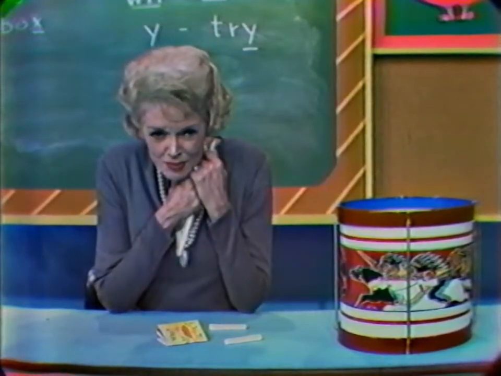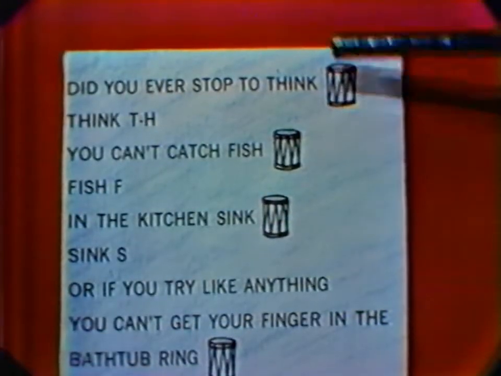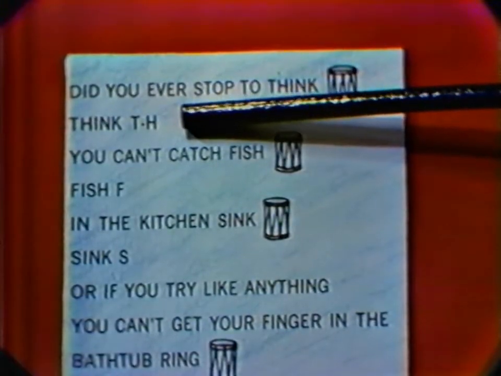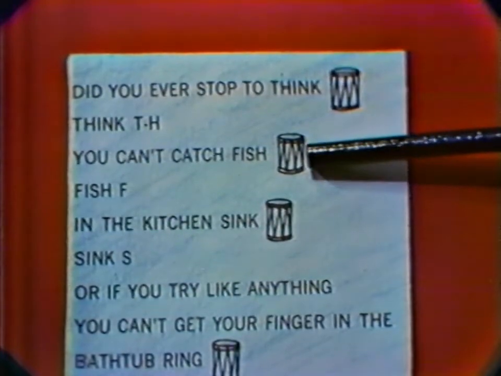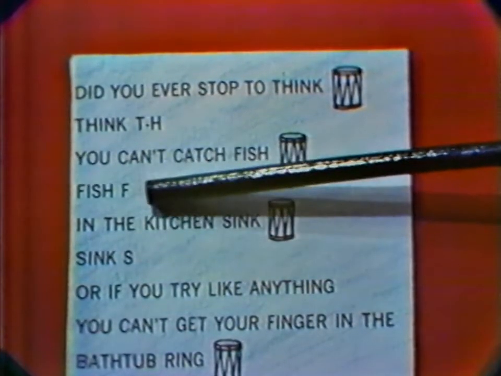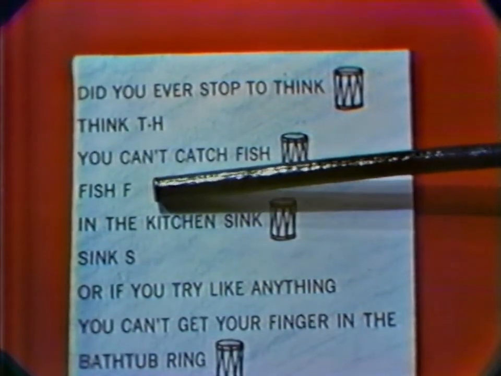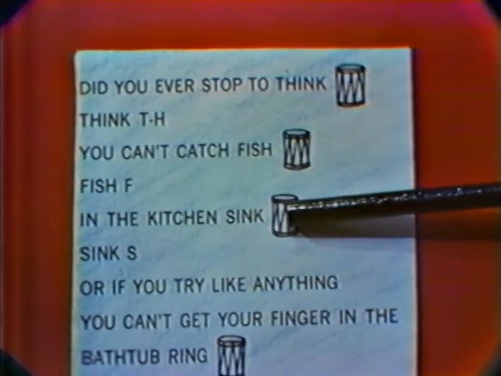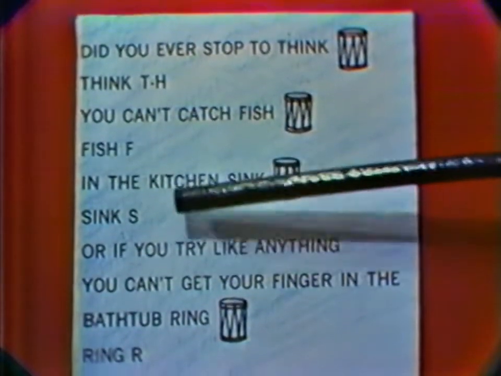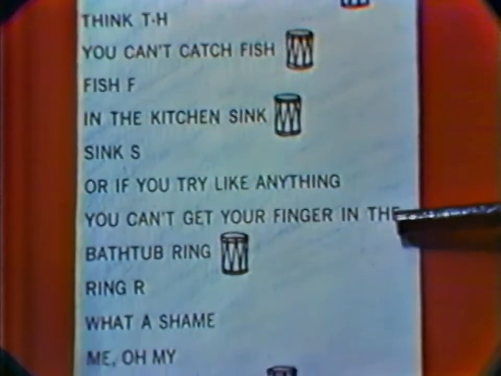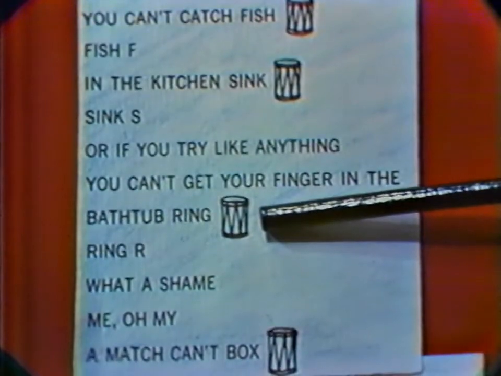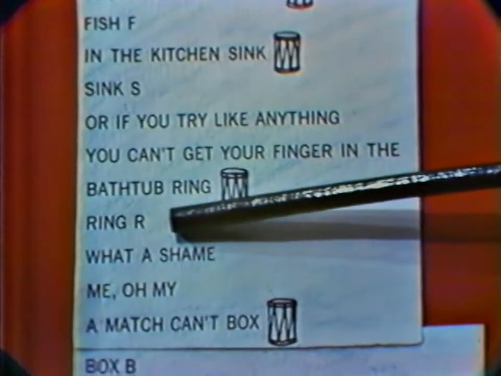So here we go. Did you ever stop to think? Think. T-H. You can't catch fish. Fish. F. in the kitchen sink. Sink. S. Or if you try like anything, you can't get your finger in the bathtub ring. Ring.